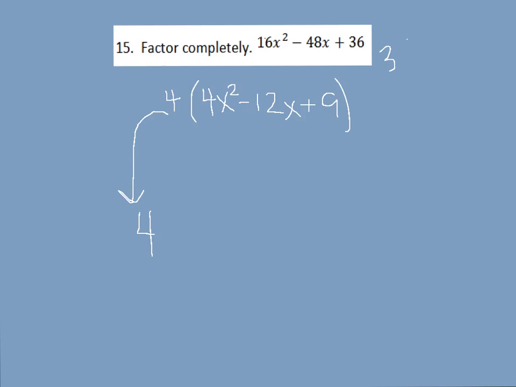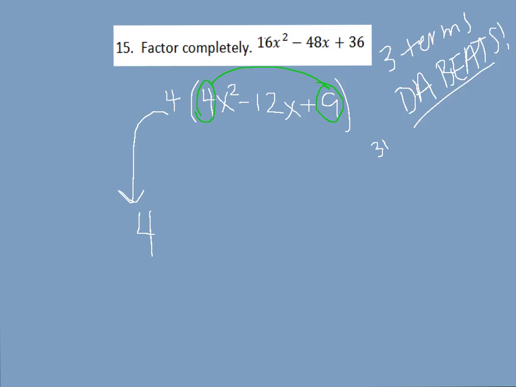Anytime I have 3 terms, remember, I'm going to put on the beats. Put on the beats. So here they come. My beats are going to circle around my 4 and my 9, which gives me factors of 36 that are going to add to negative 12.